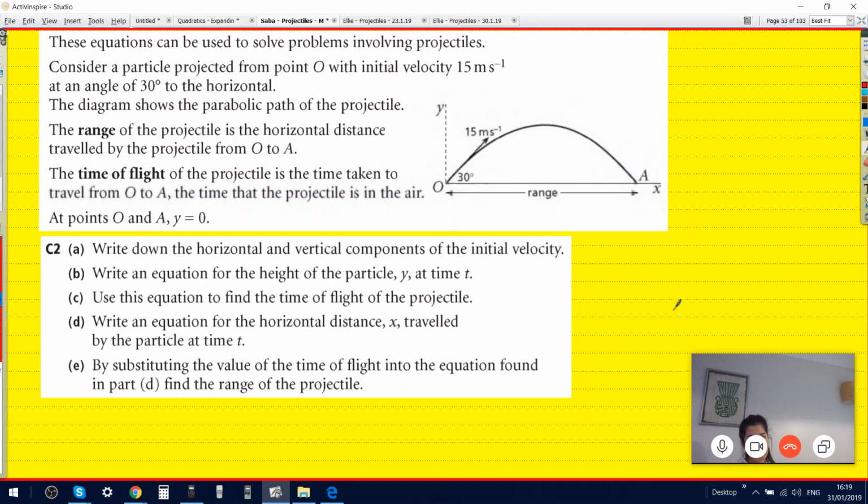The diagram shows the parabolic path of the projectile. The range is the horizontal distance travelled from origin to A. The time of flight is the time taken to travel from O to A, the time that the projectile is in the air. At points origin and A, y equals 0.